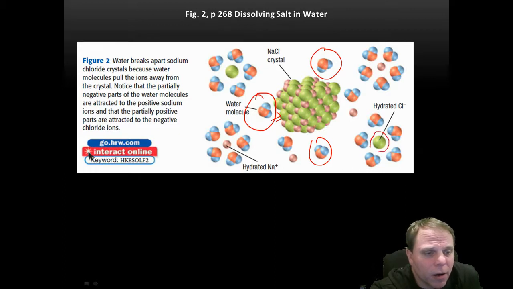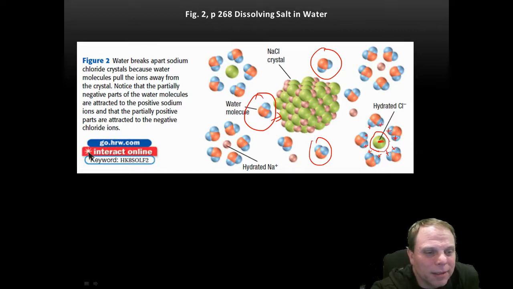Look at that. All of the positives in the water have now surrounded the chlorine, which is a negative charge. So this is a big negative charge, and all the positive parts of the water molecules are surrounding it.